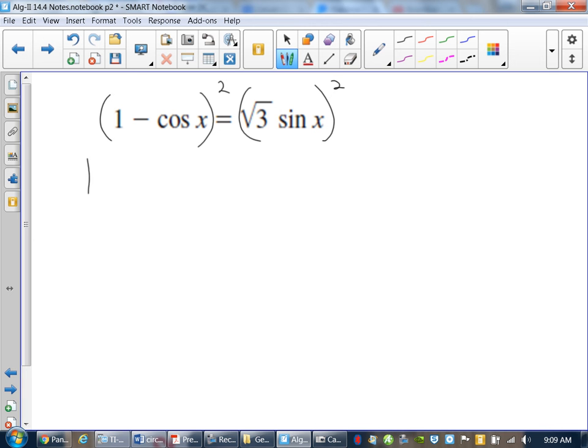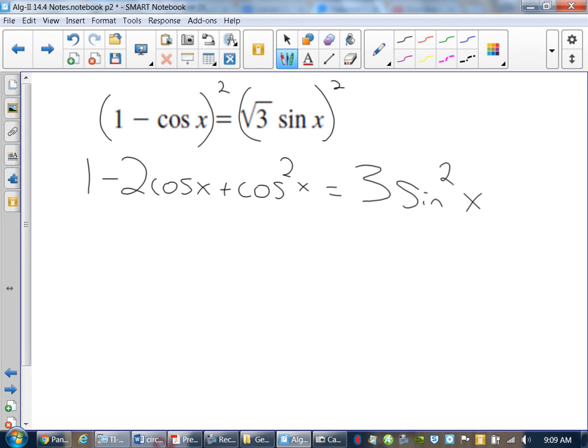We're going to get 1 minus 2 cosine x plus cosine squared x. On the other side, you get 3 sine squared x.